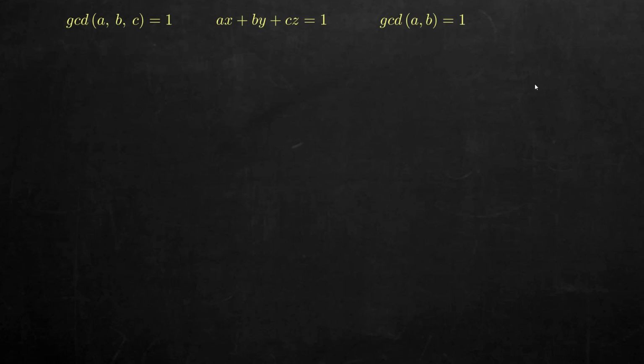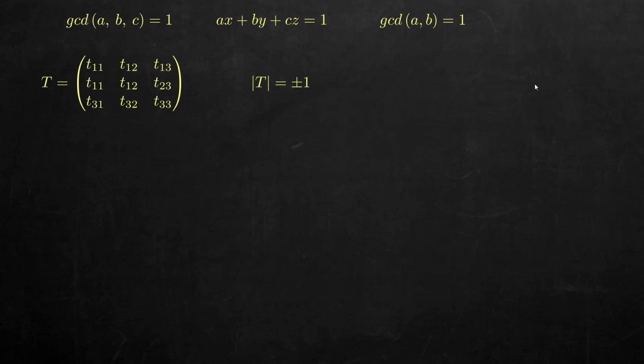To build a transformation matrix that maps 1, 1, 1 to A, B, C, we need a 3 by 3 matrix with two requirements. The sums of the rows are the values of A, B, and C, and the determinant of the matrix is equal to plus or minus 1.